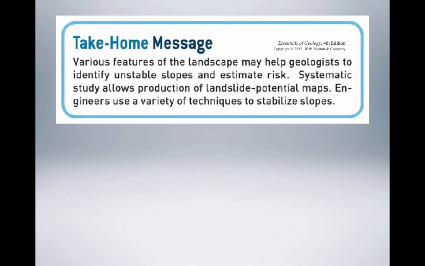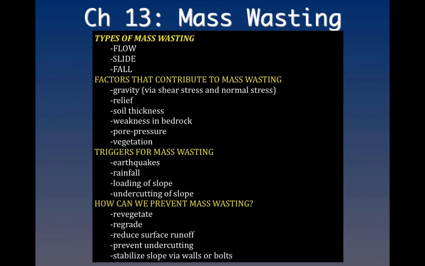So I hope you've gotten something out of this lecture. I want you to think about the different aspects of mass wasting. The take-home message here: various features of the landscape may help geologists to identify the unstable slopes. The engineers can repair those slopes through a variety of techniques. So finally, what do you need to know from this lecture?